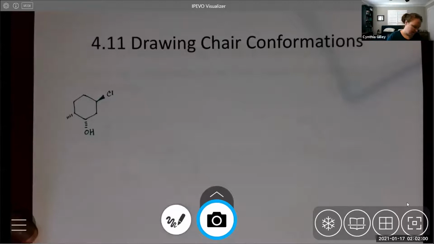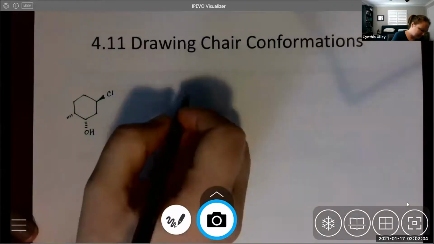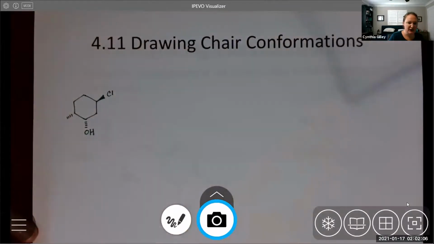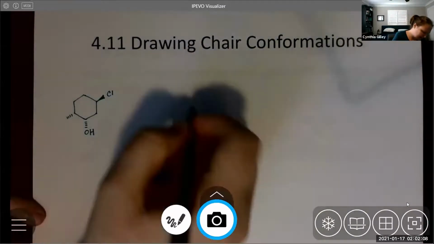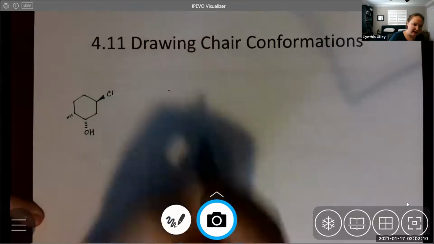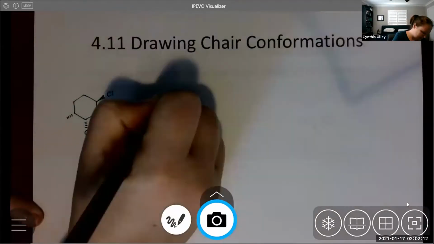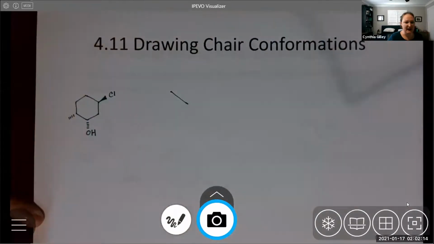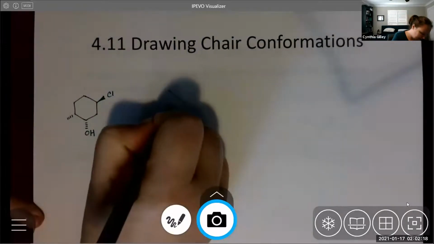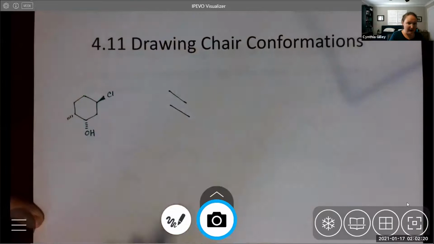Okay, so when we're drawing the two chair conformations, we want to draw the chair first. And the way I start is I draw two parallel lines, sort of going down and to the right. I want the top line to be a little bit higher up on the paper than the bottom line.